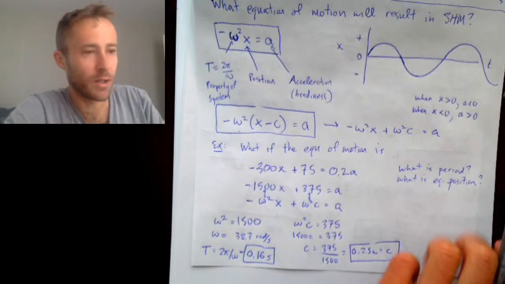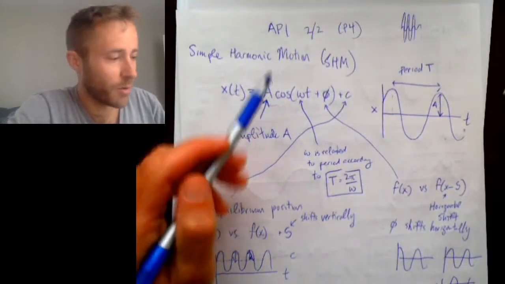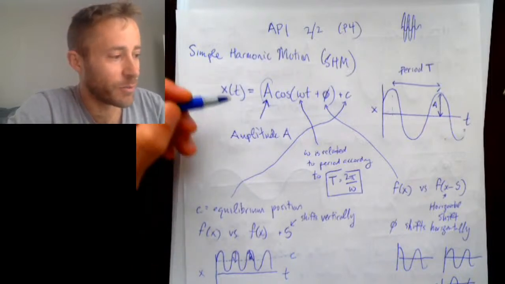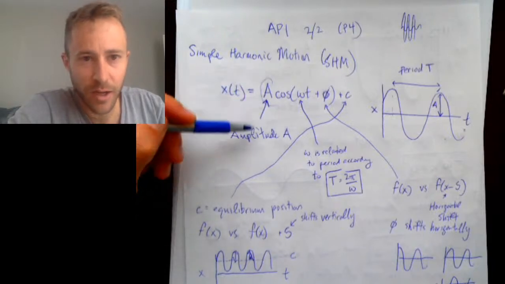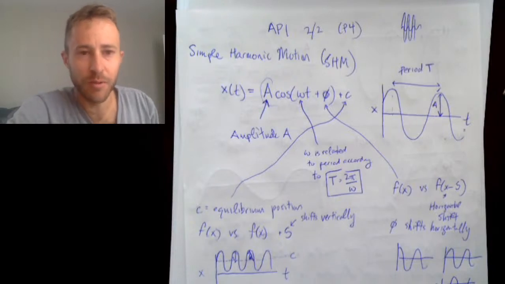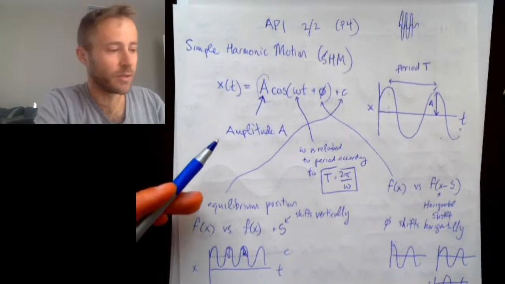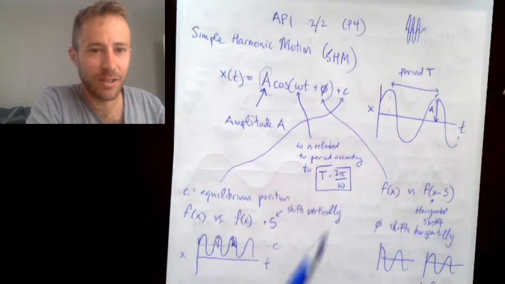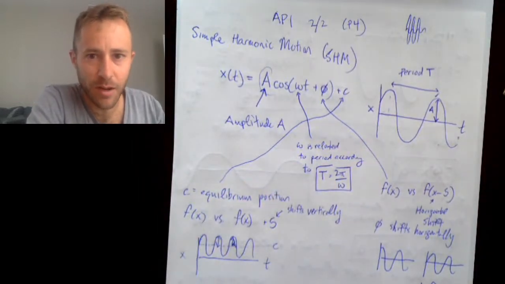So what we've done today is we've explained what simple harmonic motion is. It means your position as a function of time is sine or cosine. And then we've described some of the characteristics of simple harmonic motion. All simple harmonic motion has an amplitude, a period, and an equilibrium position, which is the point that it is vibrating about.